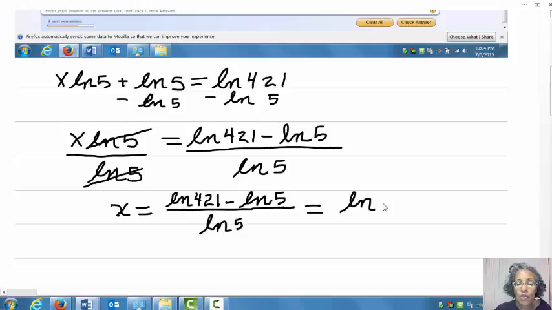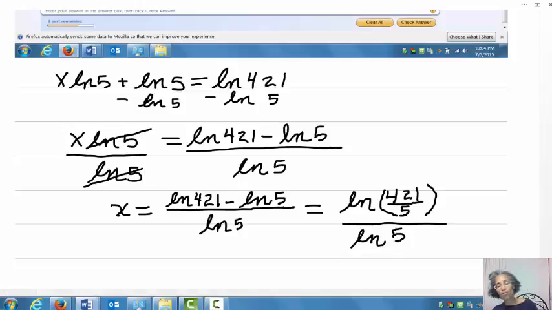Or I could use the quotient rule in the numerator here and write this as the natural log of 421 over 5 divided by the natural log of 5. So you could do that. It's not necessary. Either one of these would be correct.